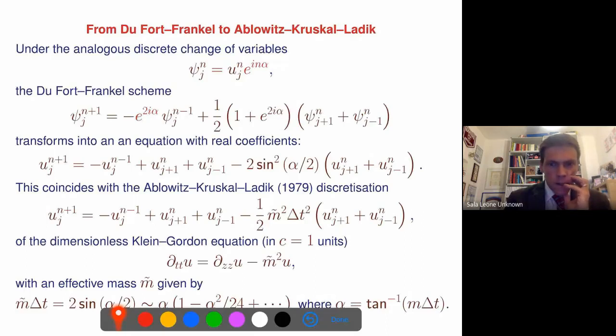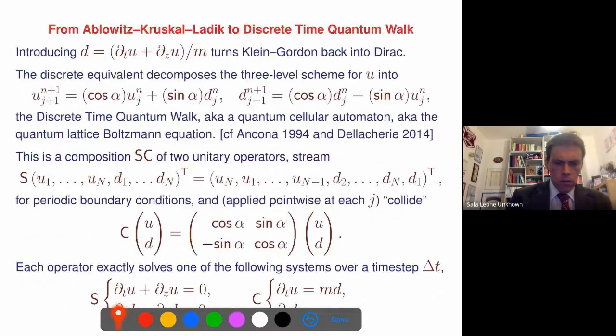and now I can take this apart by saying, just as I can introduce a D in terms of derivatives of U to turn Klein-Gordon back into Dirac, I can break this three-time-level scheme for U into a two-time-level scheme for a U and a D, and then we get back to the discrete time quantum walk.